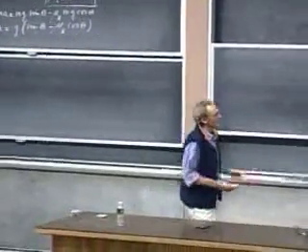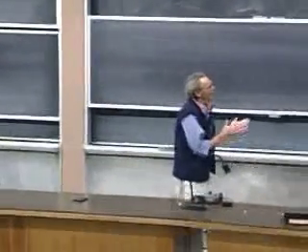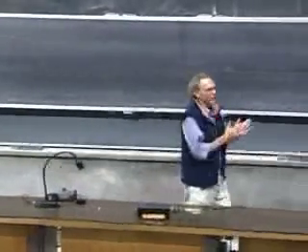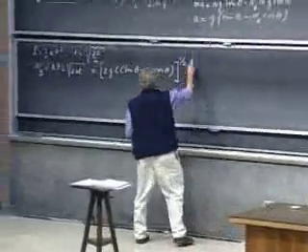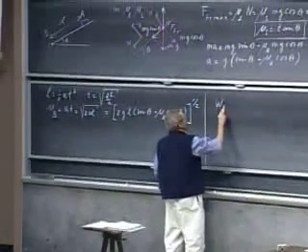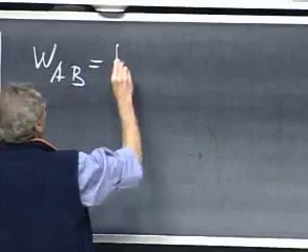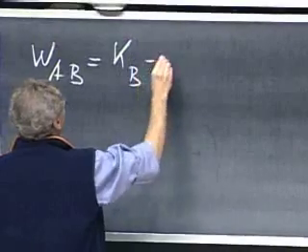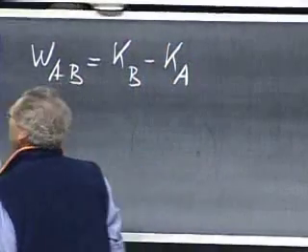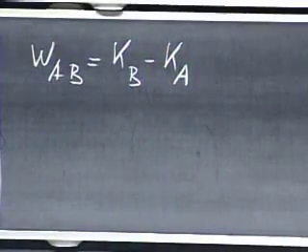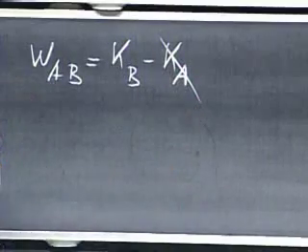I would say, hey, why not apply the work energy theorem? Why not say that the work done when that object moves from A to B must be the kinetic energy at point B minus the kinetic energy at point A. Now I know that I release it at 0 speed, so this is 0.